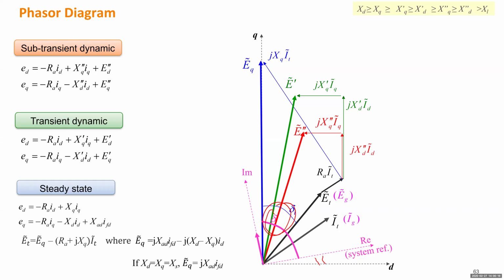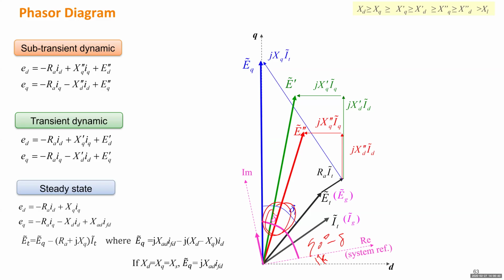Then what is this other angle? It will be 90 degrees minus delta. So the angle between the common reference and the D axis will be 90 degrees minus delta.